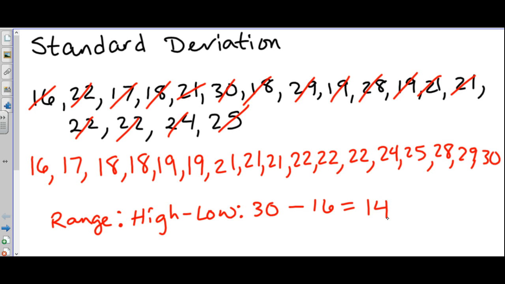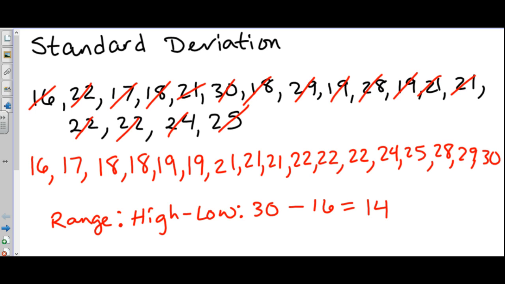The interquartile range is a little bit more difficult to calculate. In order to find the interquartile range, first we have to calculate the quarters. So we're going to find the median of this data, the middle number of our data.